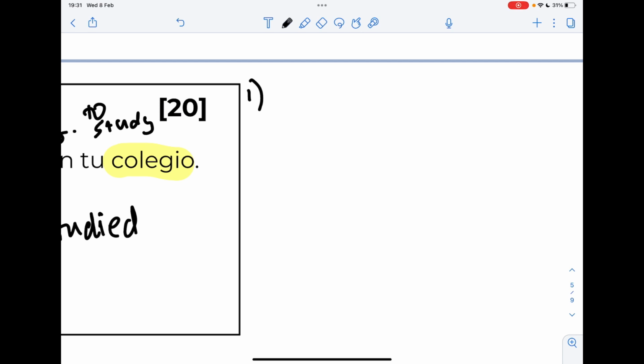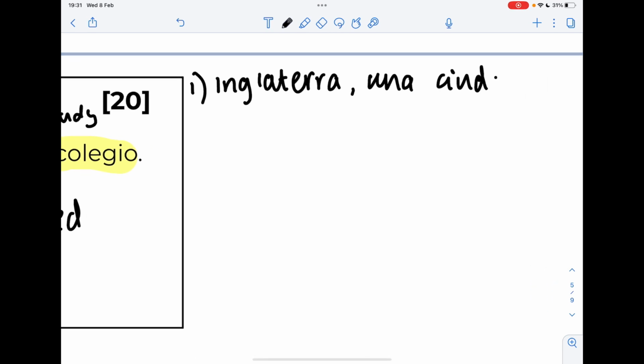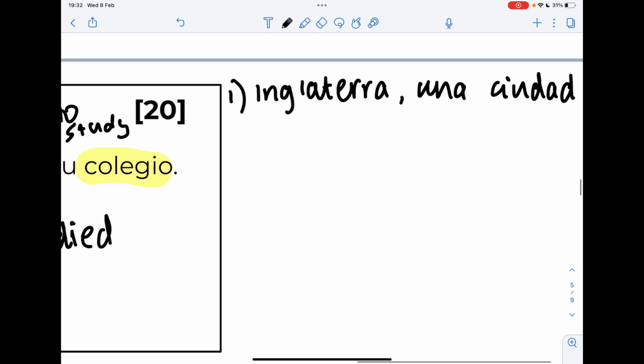Okay, let's say I go to school in England. So I'm going to say Inglaterra. And it's in una ciudad grande. It's in a big city. There's lots of pollution, I suppose I could say.